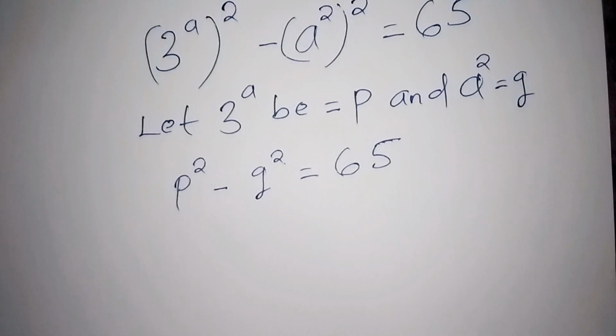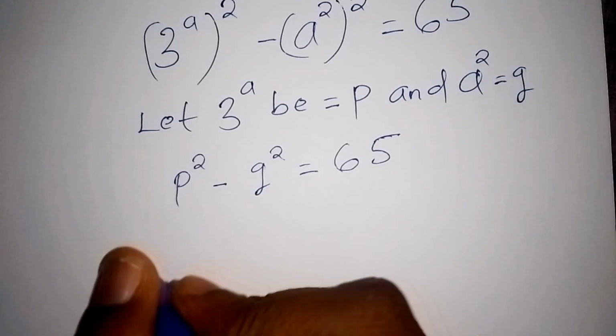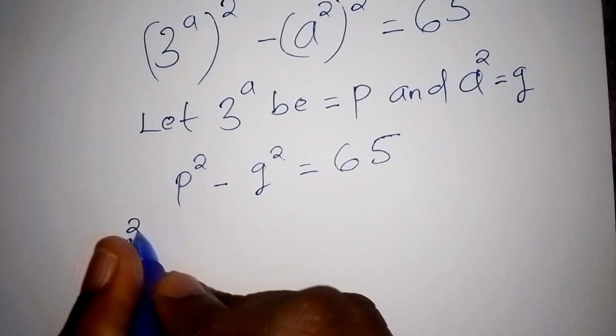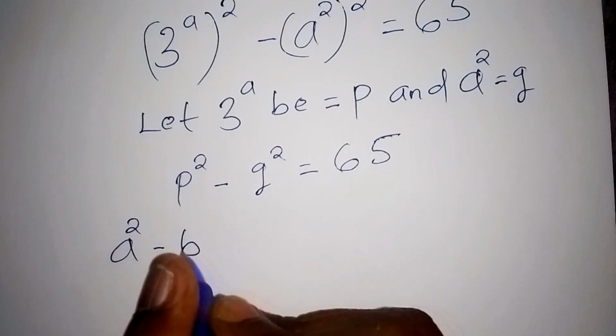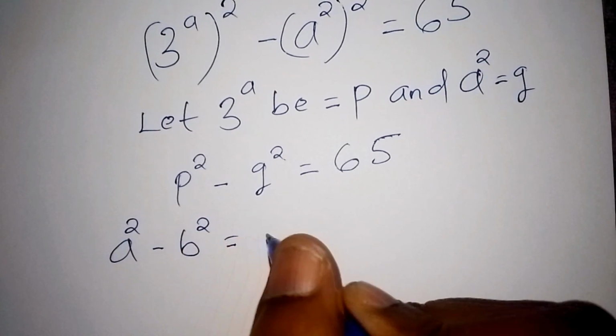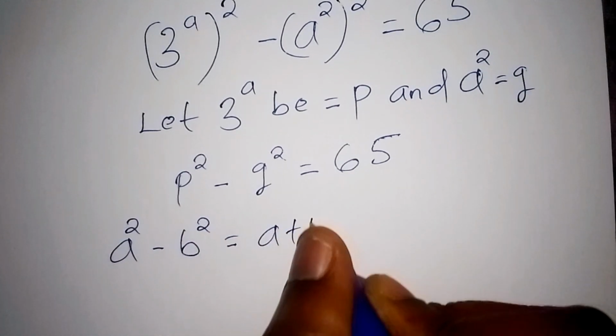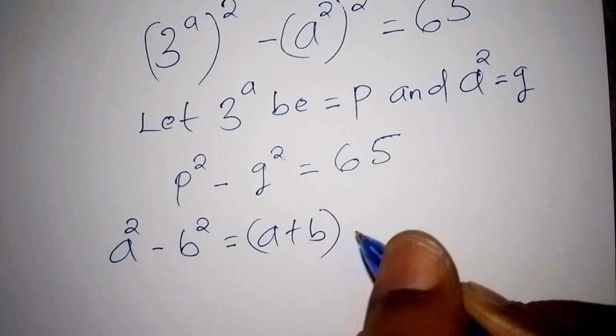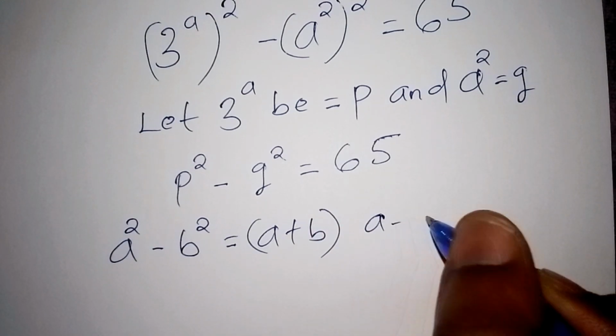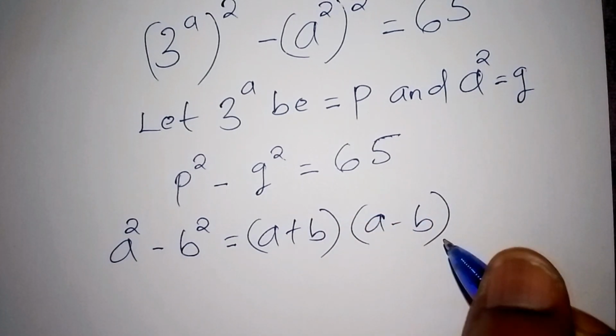So considering this equation, we know that a squared minus b squared can also be written as a plus b, in brackets, times a minus b, in brackets.